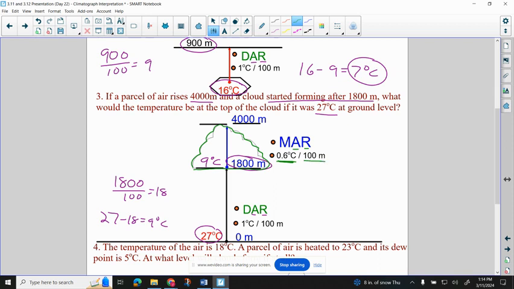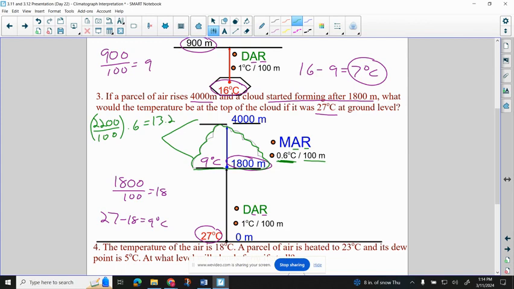Okay. Between 1,800 and 4,000, that's 2,200 meters that the air will continue to rise. So I take that 2,200 and divide by 100, which gives me 22, and then I multiply that by the 0.6. If I do that, I'm going to get 13.2.